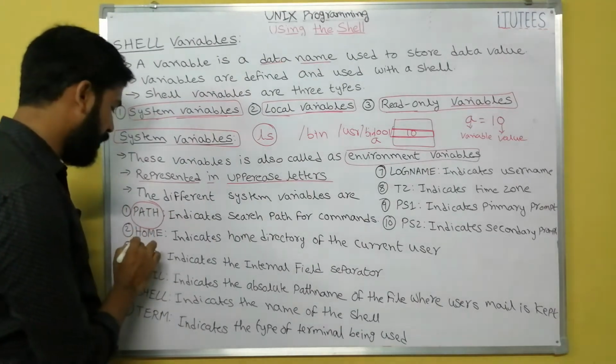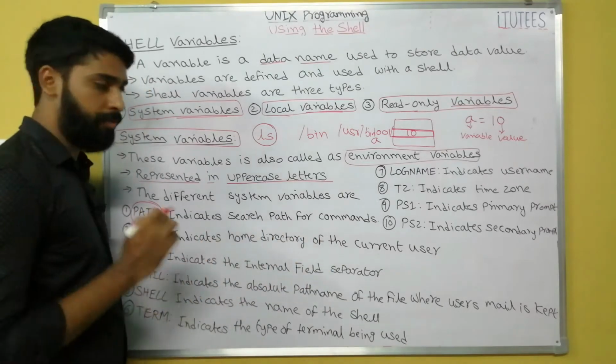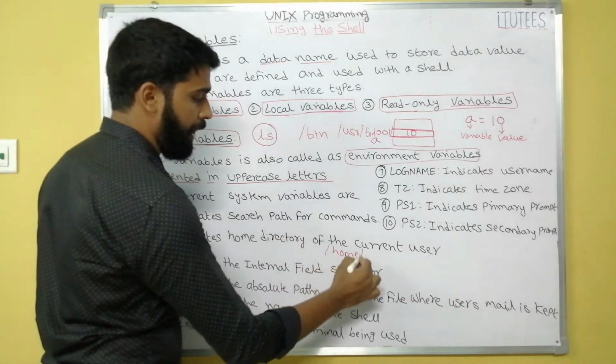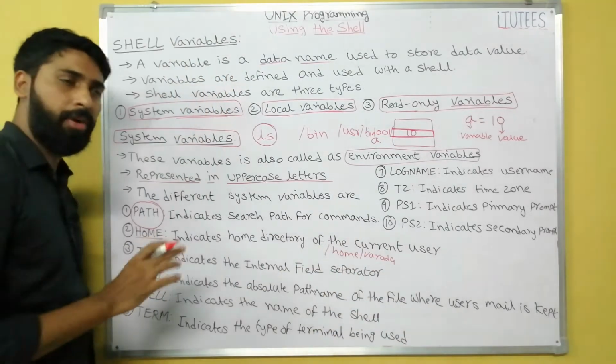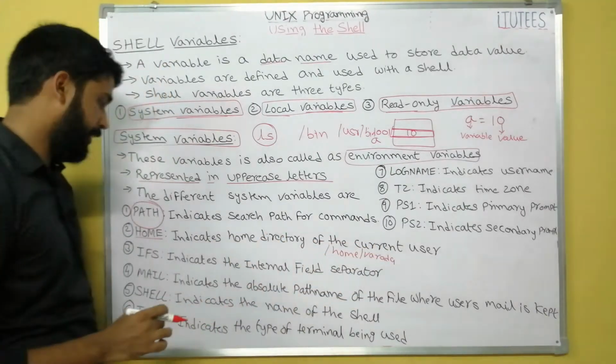Similarly, HOME indicates the home directory of the current user. For example, my home directory is /home/Varada. That means the username is Varada. The default home directory for the user Varada is /home/Varada.